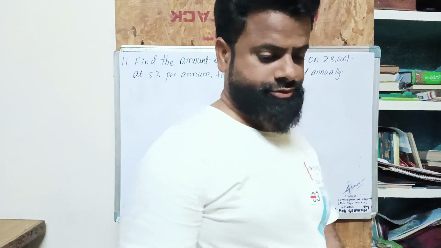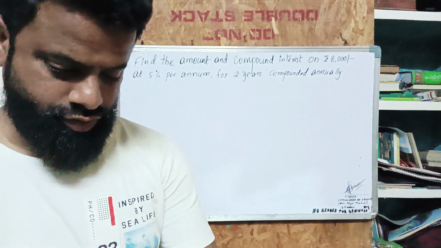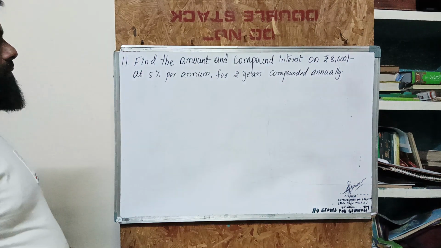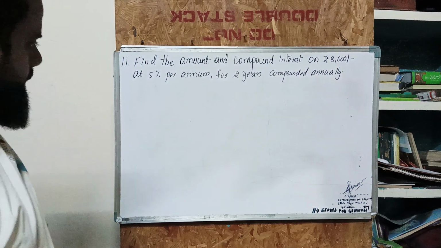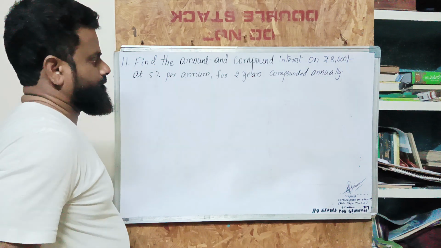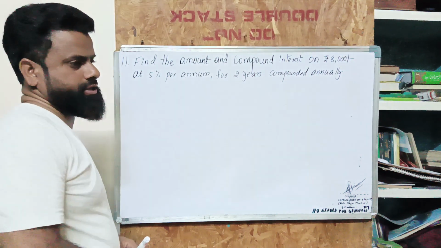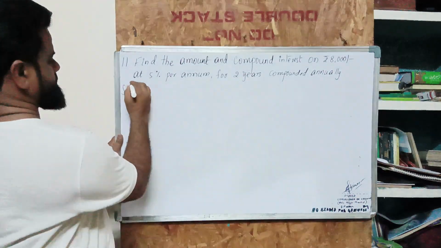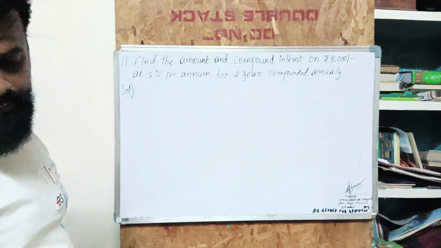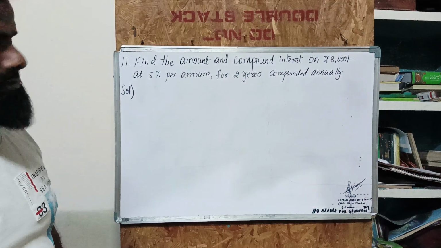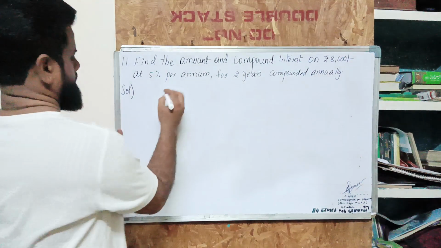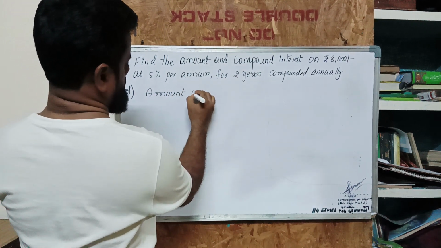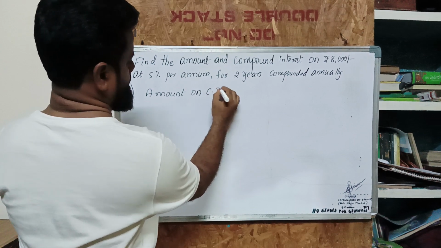Okay, so the question here is to find the amount and compound interest on rupees 8,000 at 5% per annum for 2 years compounded annually. So now for this question, first we will be writing the formula for amount on compound interest.